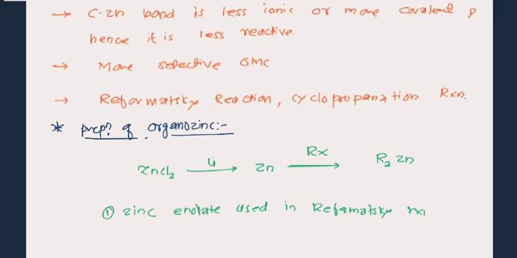And the next one is cyclopropanation, which uses diiodomethane and ZnCu, zinc copper, not zinc amalgam.